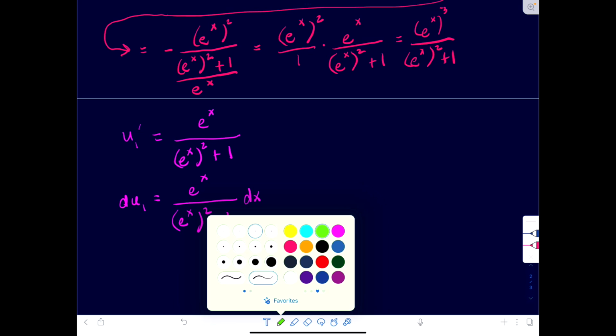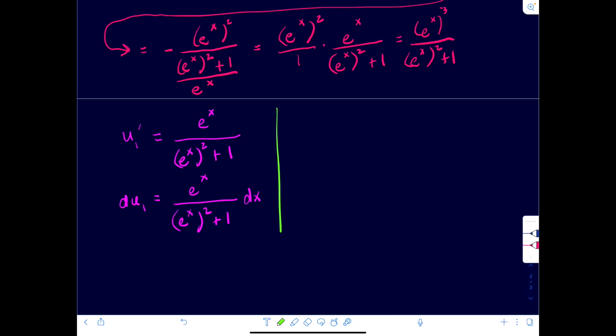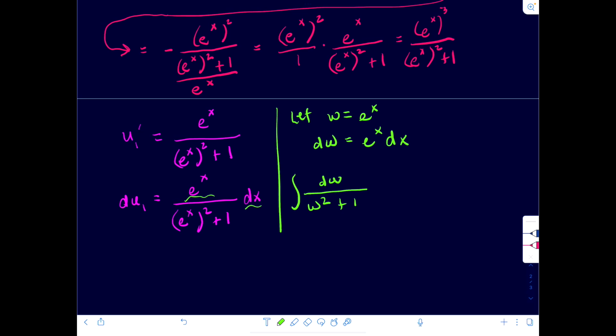Now let's just clear out that e to the x. Let's let w equal to e to the x. So dw then will be e to the x dx. And notice we have that, right? So we would be looking at the integral of dw, because dw is e to the x dx, over w squared plus 1.